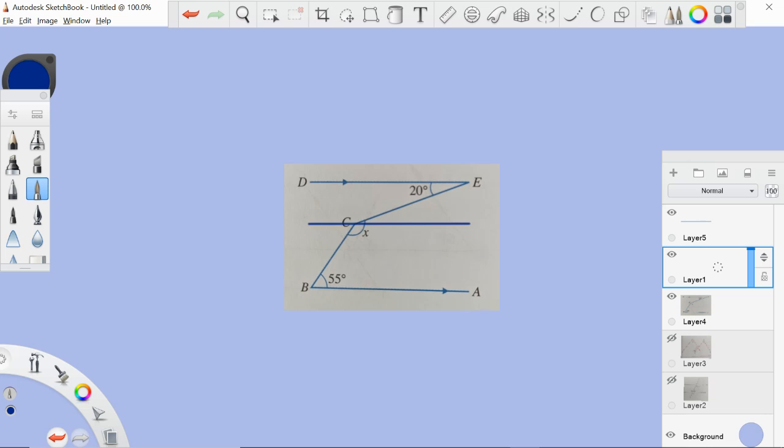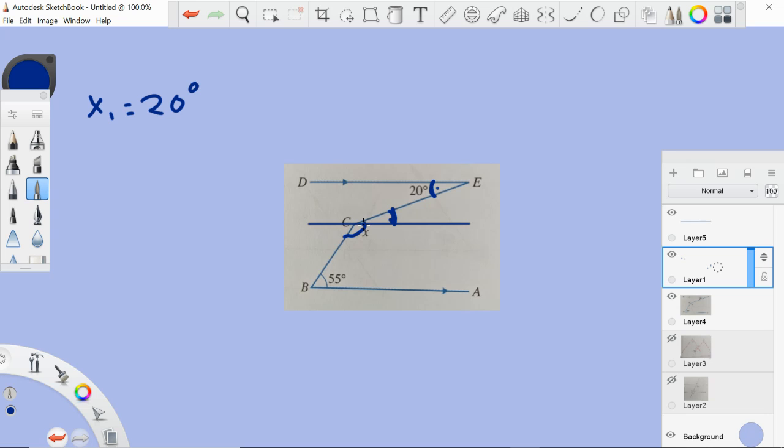I'll edit this. All right, so what we're trying to do is find this top part of angle x, and we're going to call that x sub 1. Now, this top part is an alternate angle with 20 degrees here. So that means that these two angles are equal. So x sub 1, which is the top chunk of x, is 20 degrees.